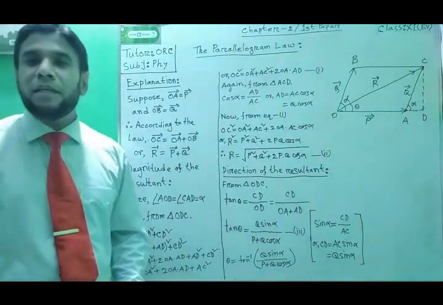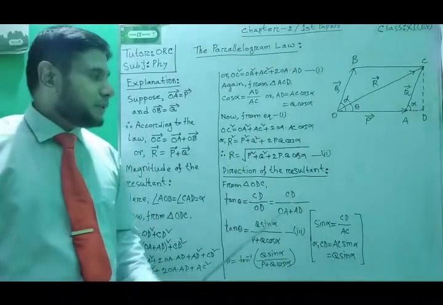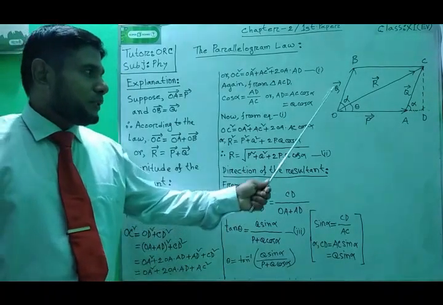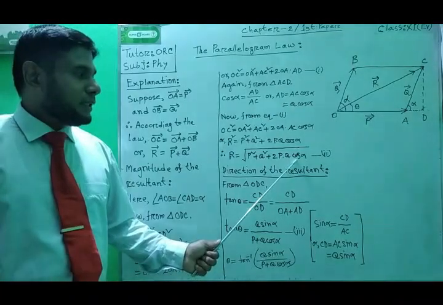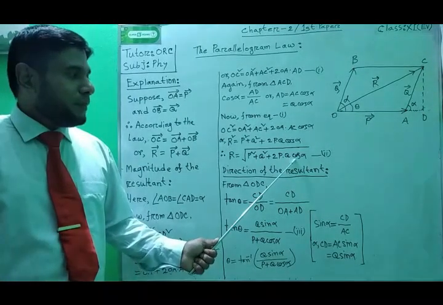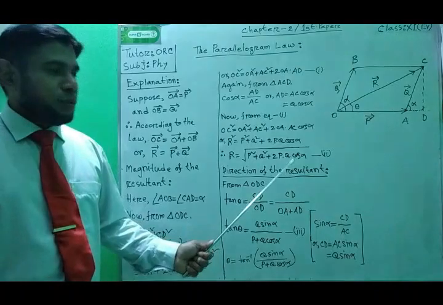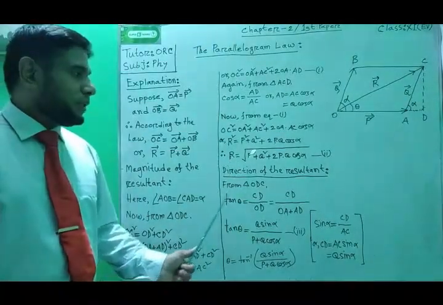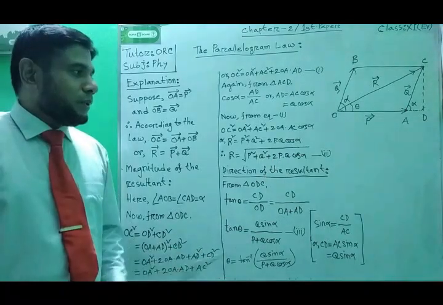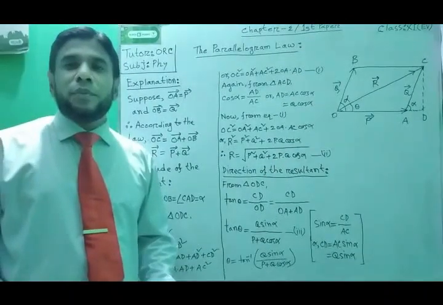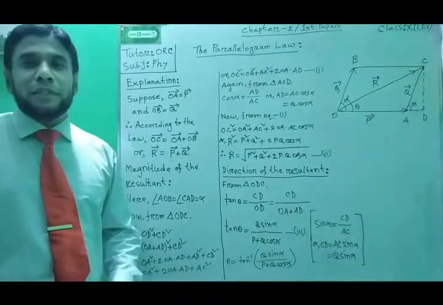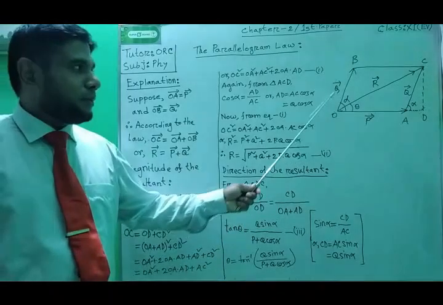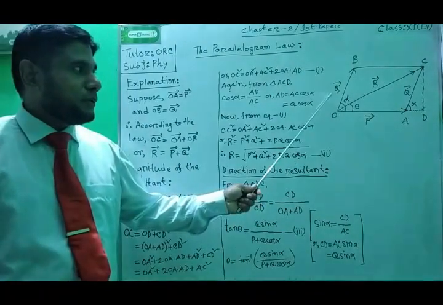If we apply the maximum value of cos alpha, we will get the maximum resultant value of those two vectors, and if we submit the minimum value of cos alpha, we will get the minimum resultant value. In our next lecture, we will discuss the maximum and minimum values of the two given vectors.